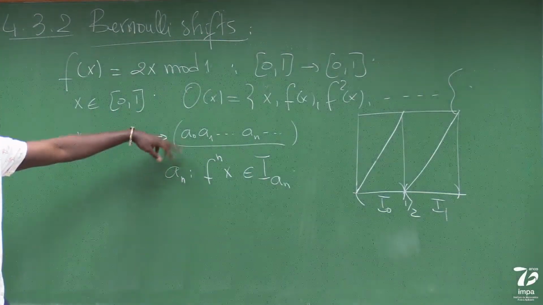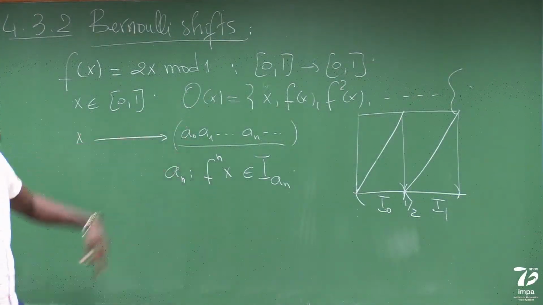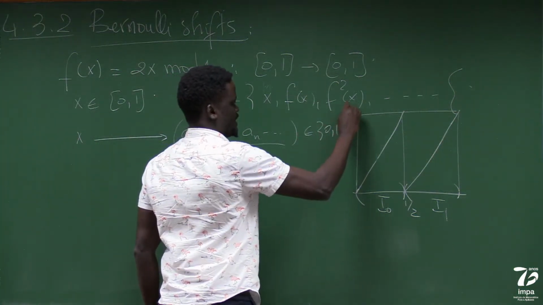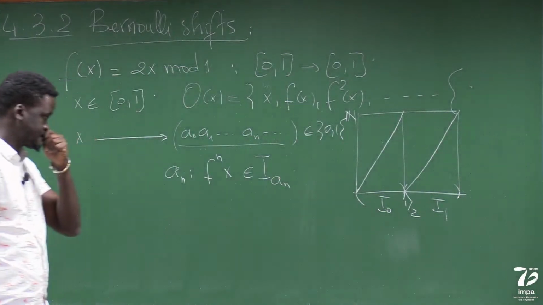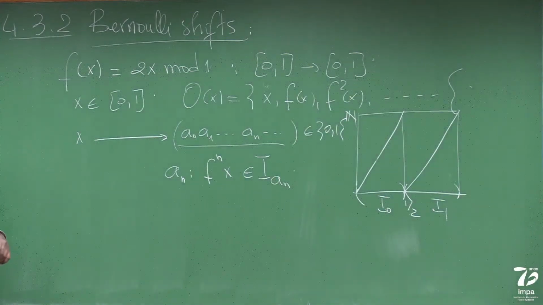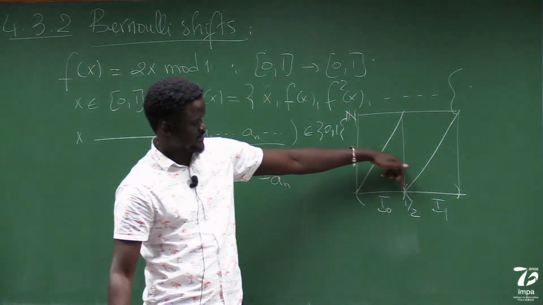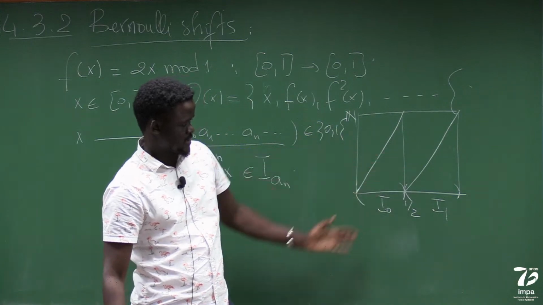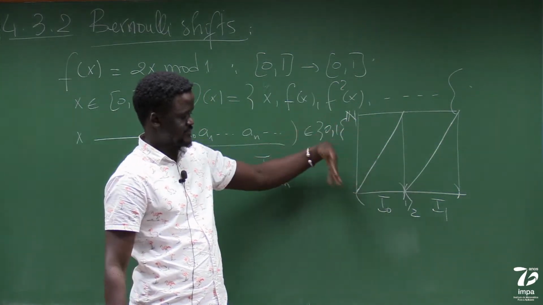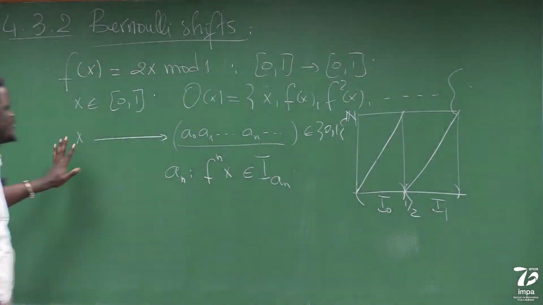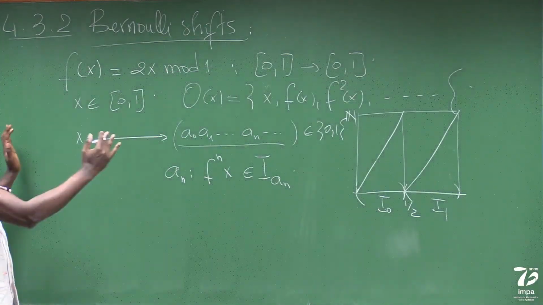So these are sequences of 0 and 1, so this is in {0,1}^N. But here you might have a problem when x is on these boundaries, or the image or some iterates of x lie on these boundaries. So you have to exclude those points from the set of points where you do your coding.